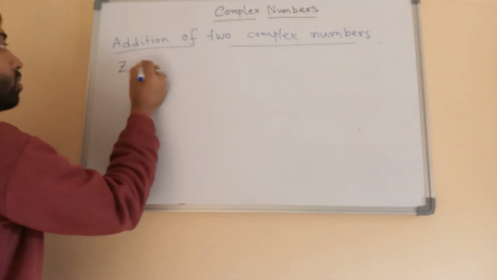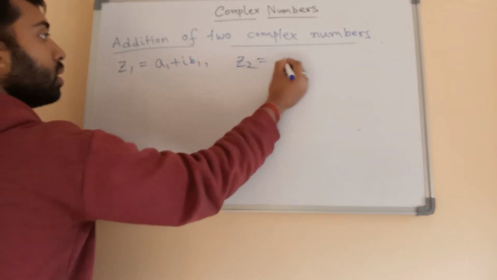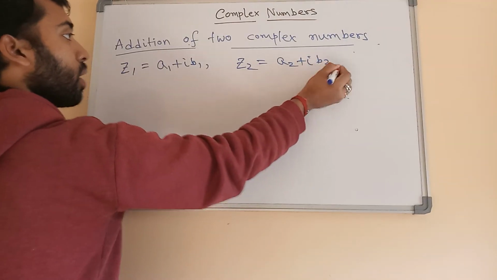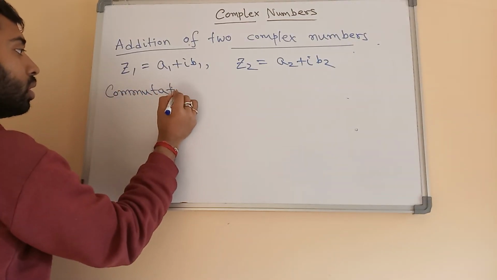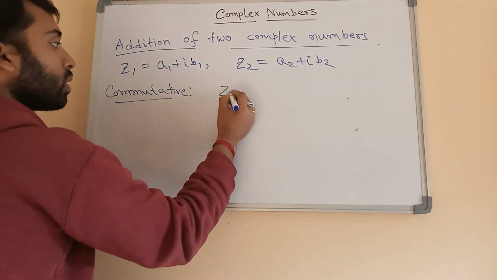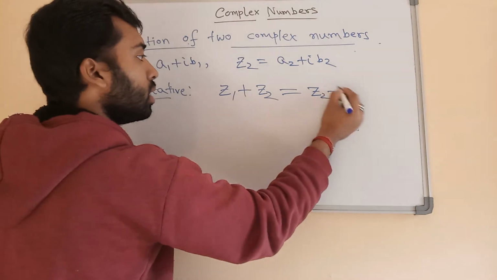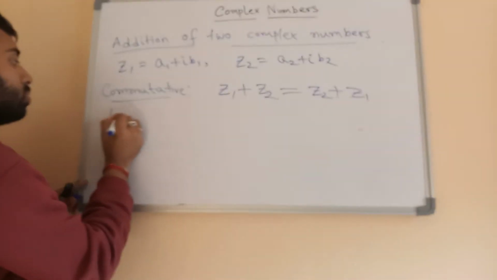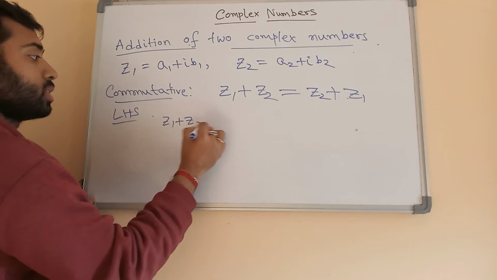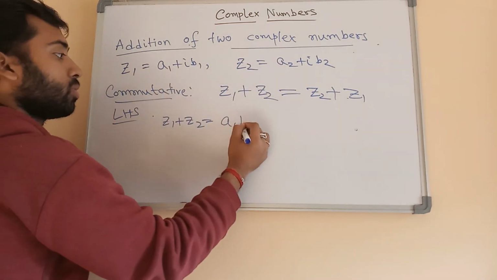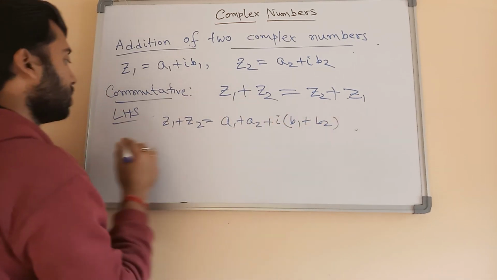So choose Z1 equals A1 plus iB1. You have to show commutative. Commutative means Z1 plus Z2 is the same as Z2 plus Z1. This is very easy to show. LHS is Z1 plus Z2, so the addition of real parts plus i times the addition of imaginary parts.